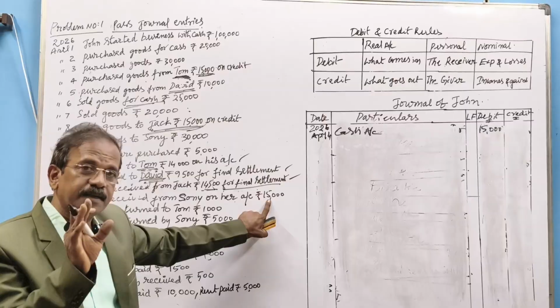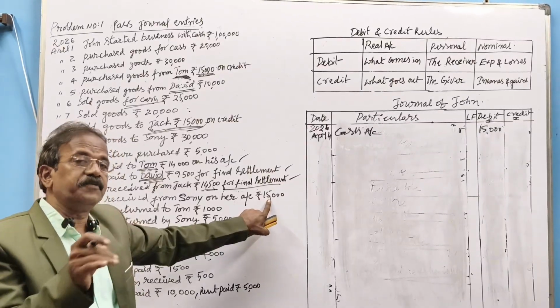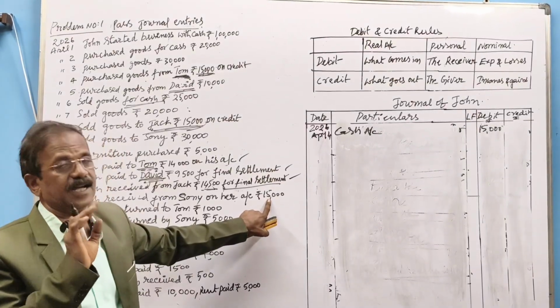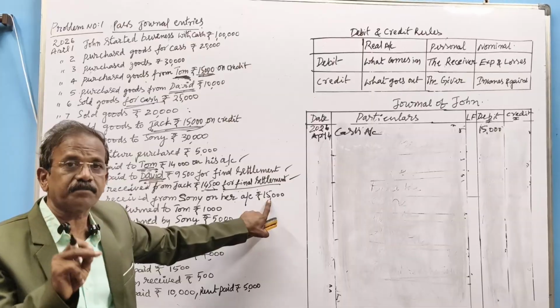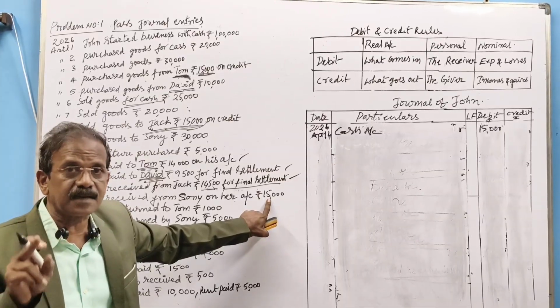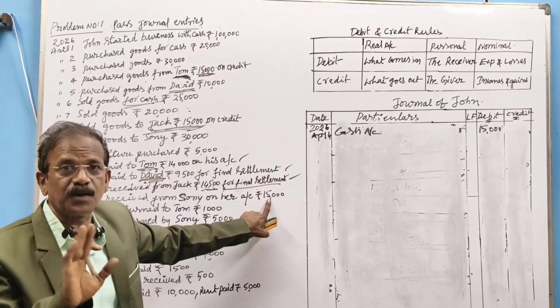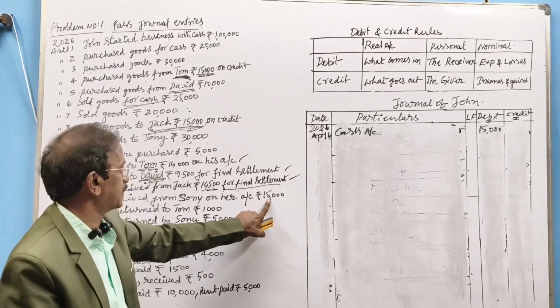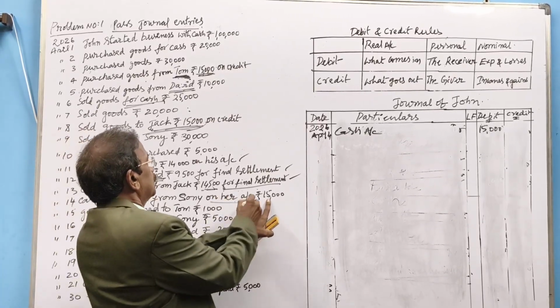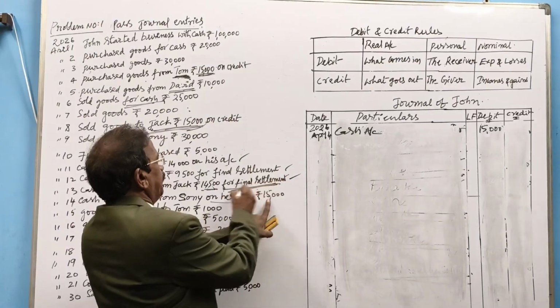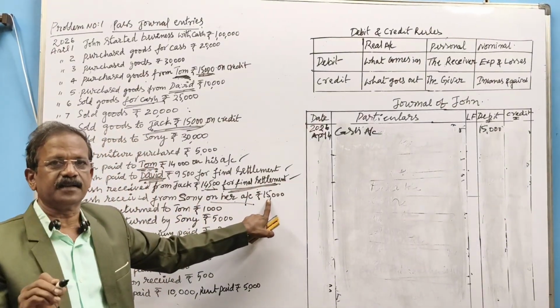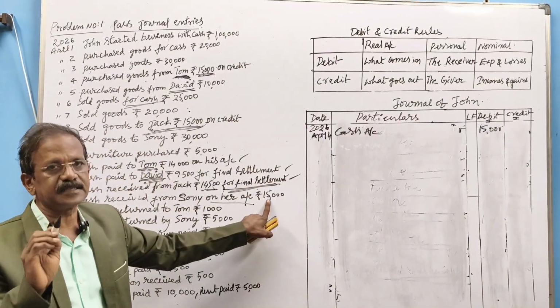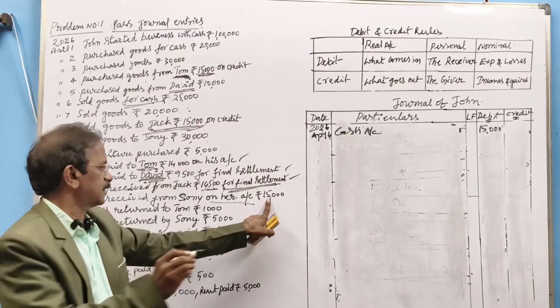When final settlement is mentioned, the difference should be treated as a discount. Since it is not mentioned final settlement, no discount allowed or no discount received. You should remember it. There is a difference. Whenever final settlement word is given, the difference is treated as discount.